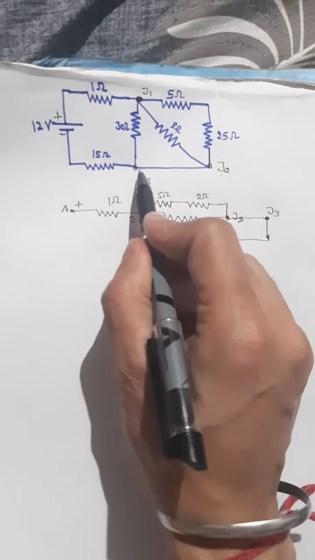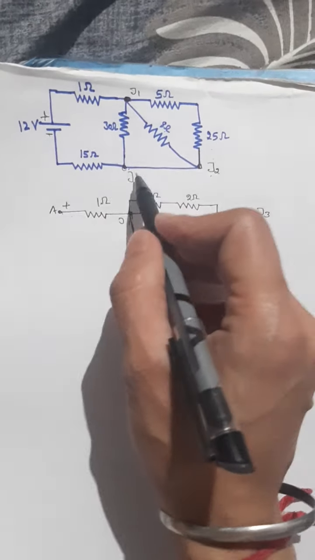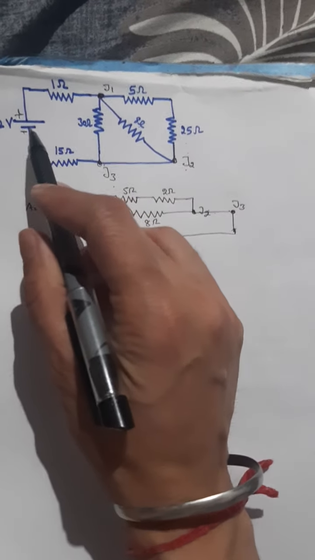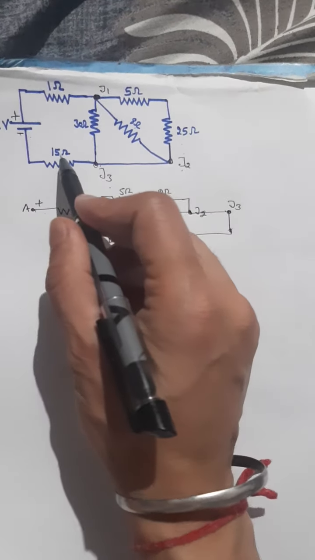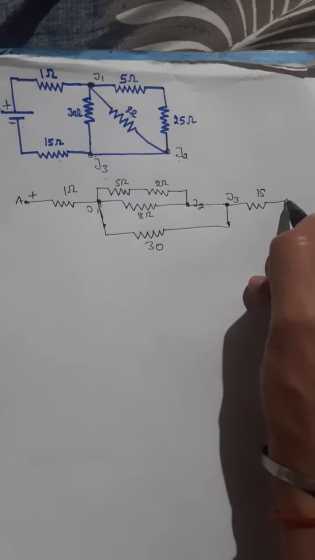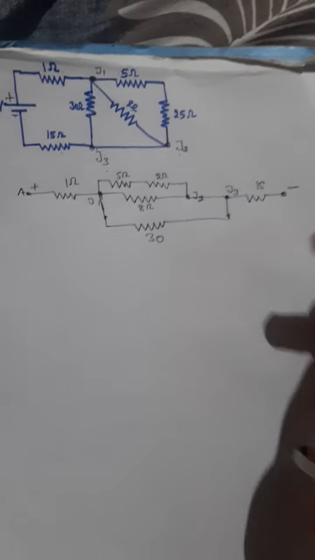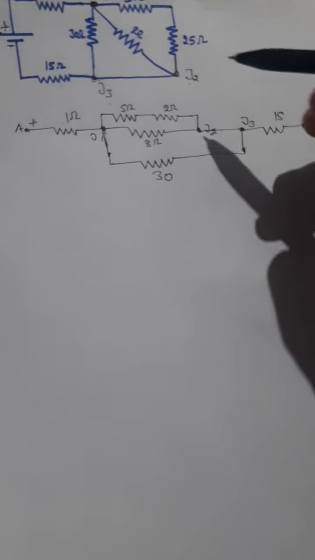Now J3 is attached with the negative terminal, including this 15 ohm resistance. So this is the circuit diagram after breaking it down.